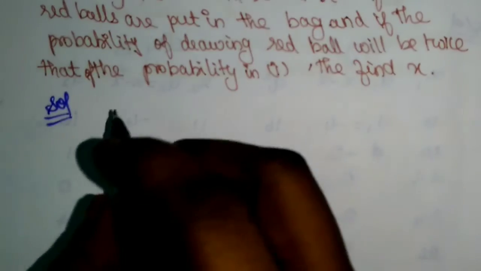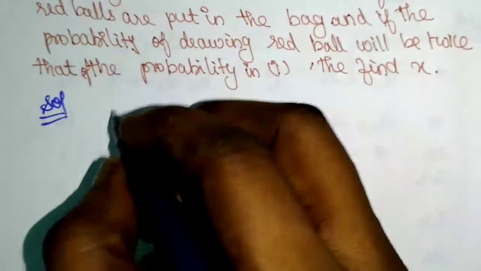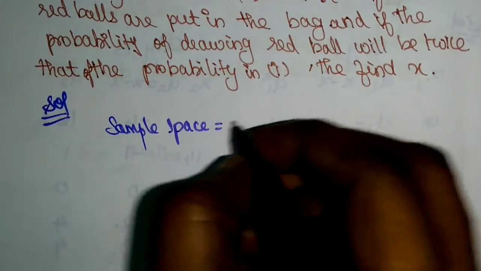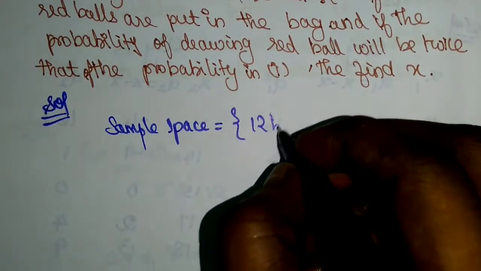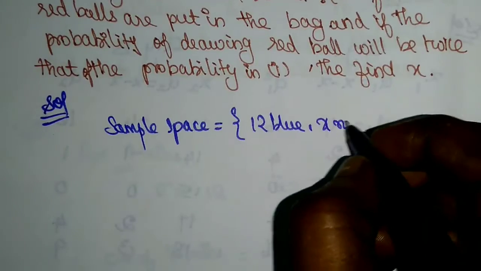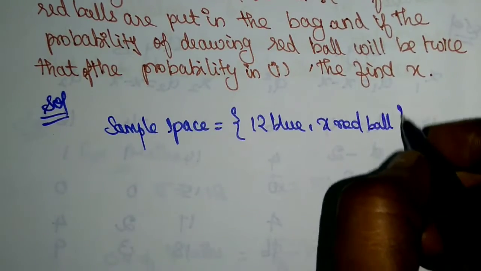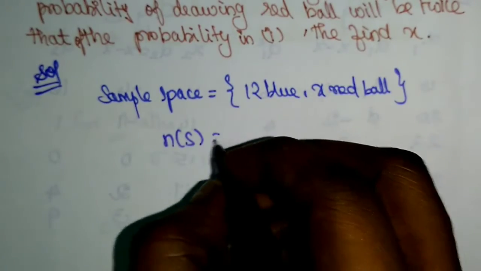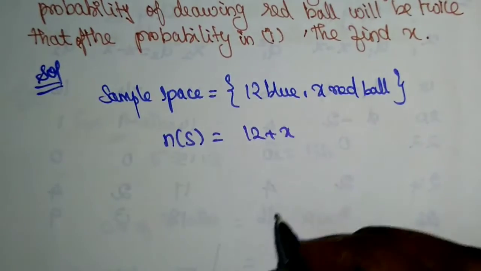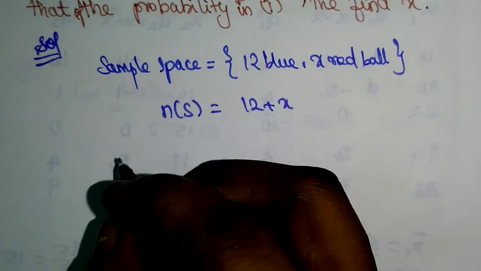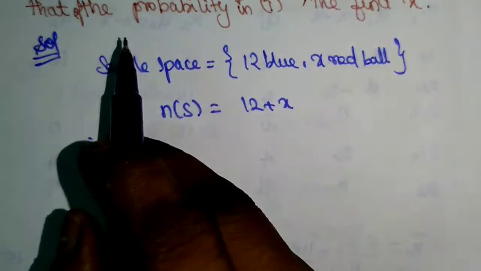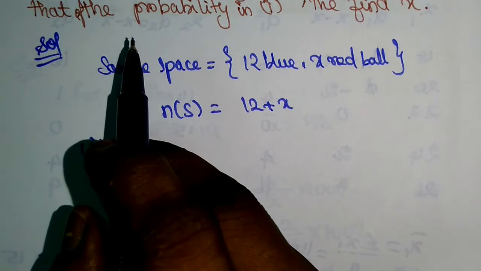Solution: here the given sample space has 12 blue balls and x red balls, so n(S) can be written as 12 plus x. First problem: what is the probability that it will be red?